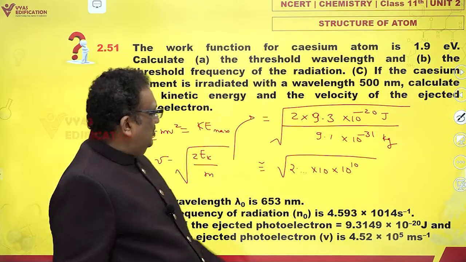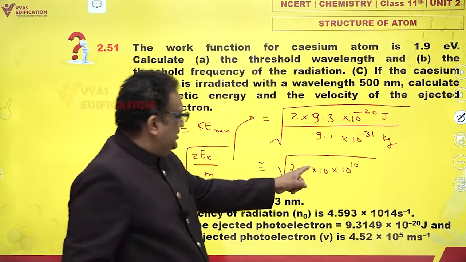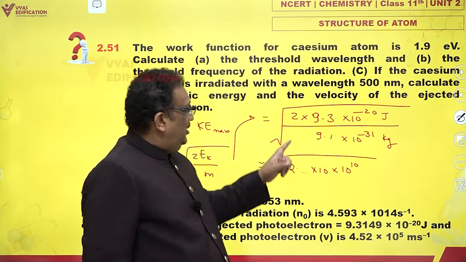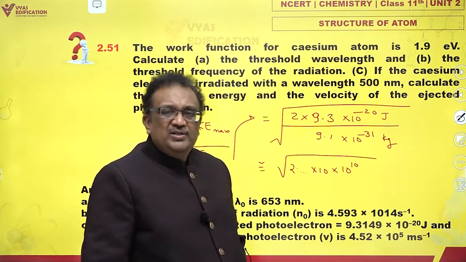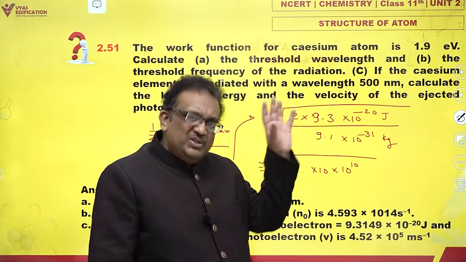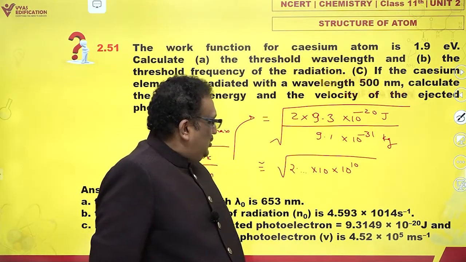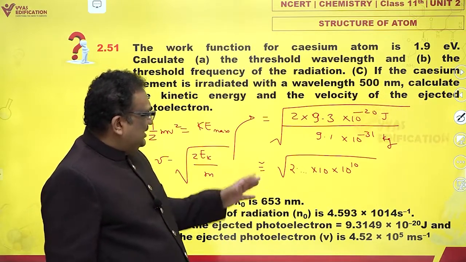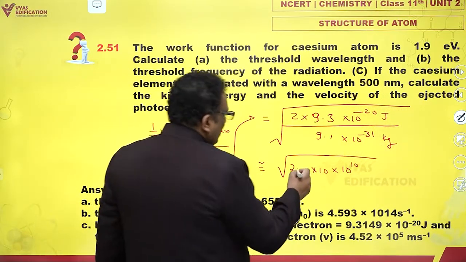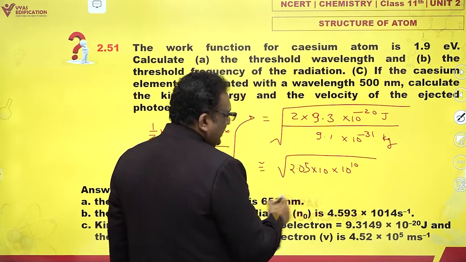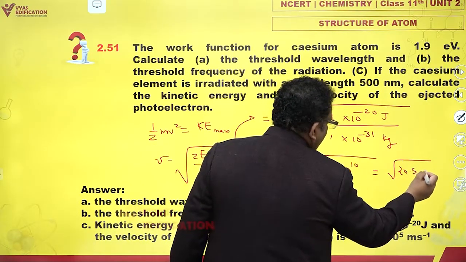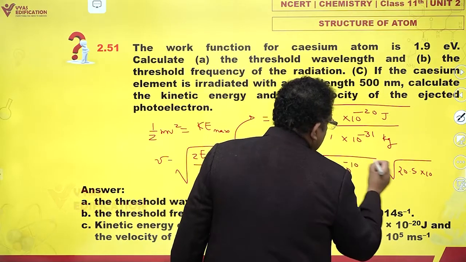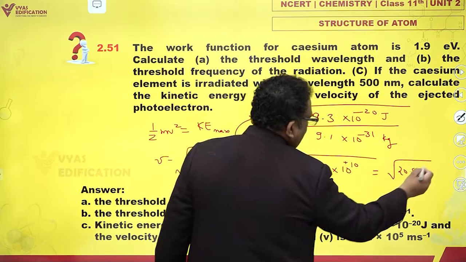A little more than this is 2 point something into 10. Now please note 9.3 by 9.1 will be 1.0 something. That square root will be still smaller. So I assume that, say this is roughly around 2.05. If this is the case, I would have around 20.5 into 10 to the minus 10 plus 10, sorry.